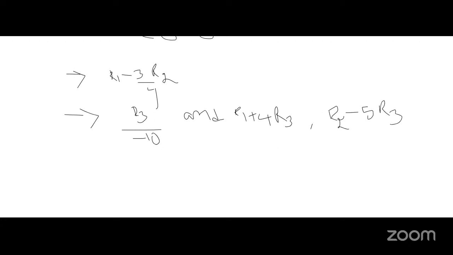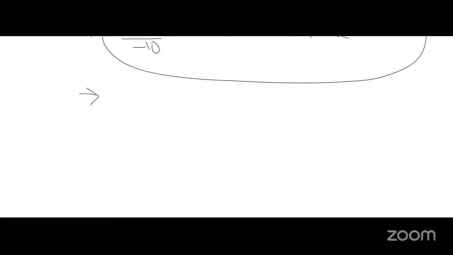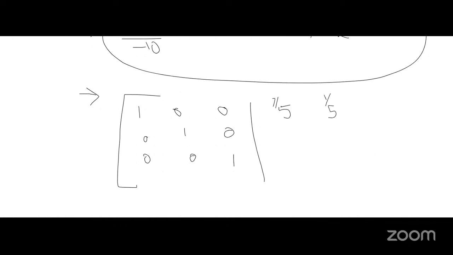So if you are doing all these operations, then we are getting 1, 0, 0, 0, 1, 0, 0, 0, 1 and 7 by 5, 1 by 5, minus 2 by 5 and minus 3 by 2, 0, 1 by 2 and 11 by 10, minus 1 by 5 and minus 1 by 10.